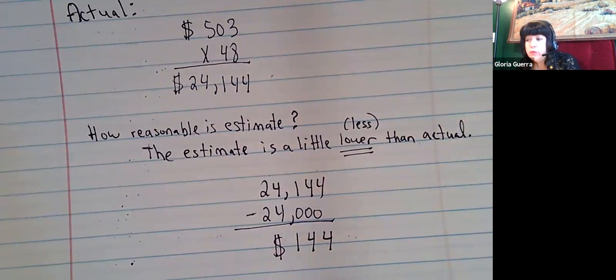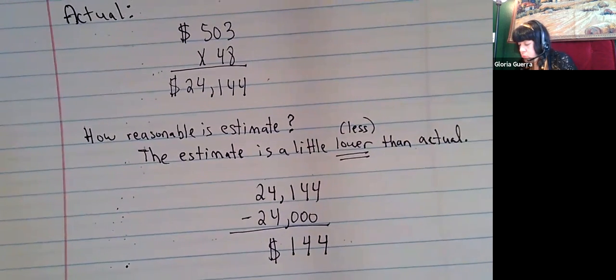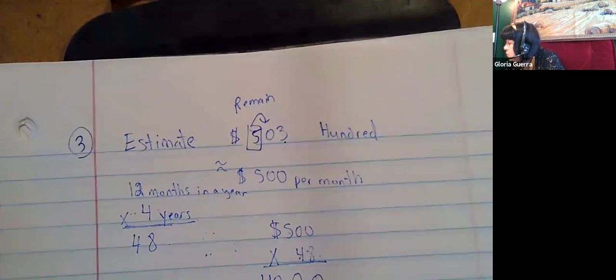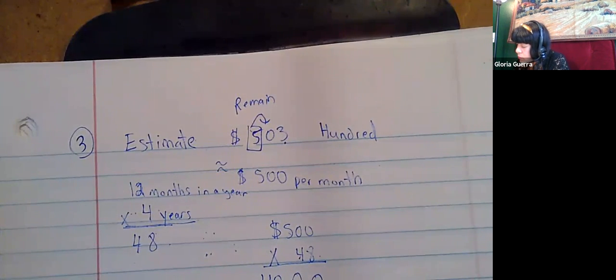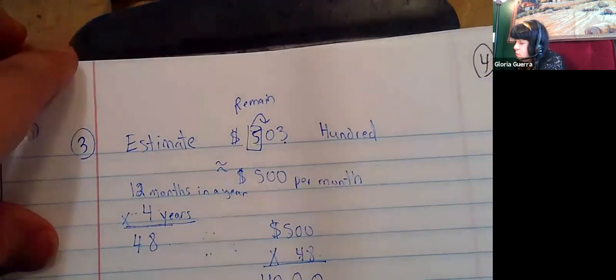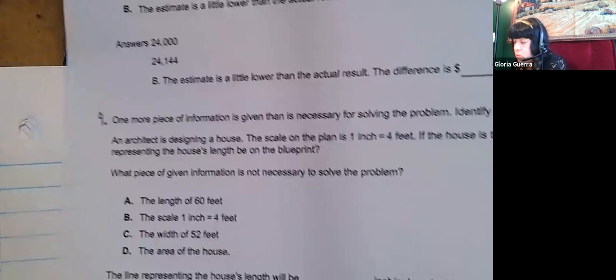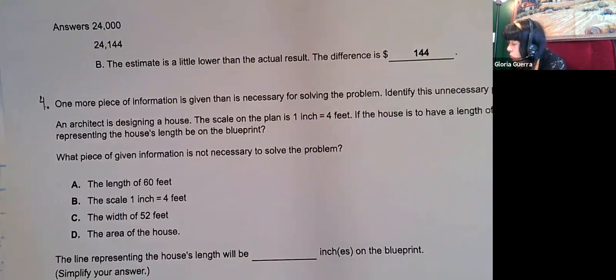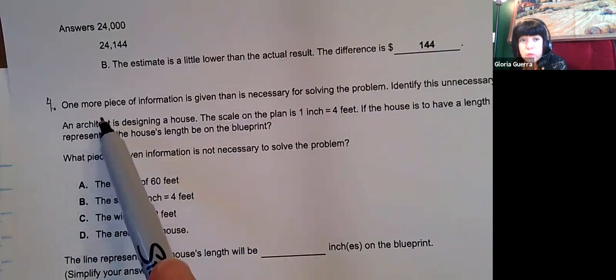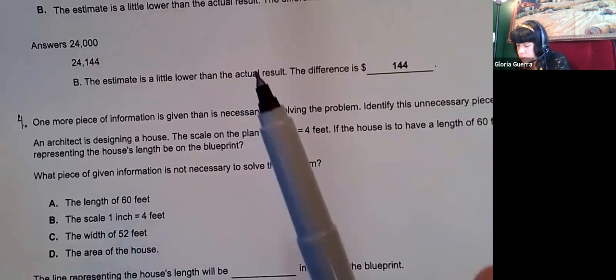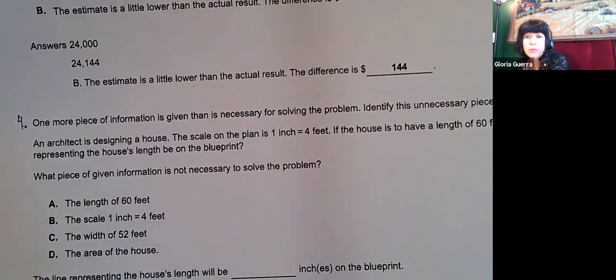Okay, then we go to problem number 4. So let's see, this says one more piece of information is given than is necessary for solving the problem.